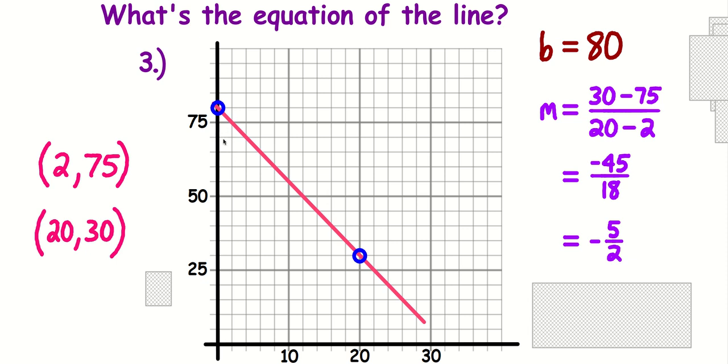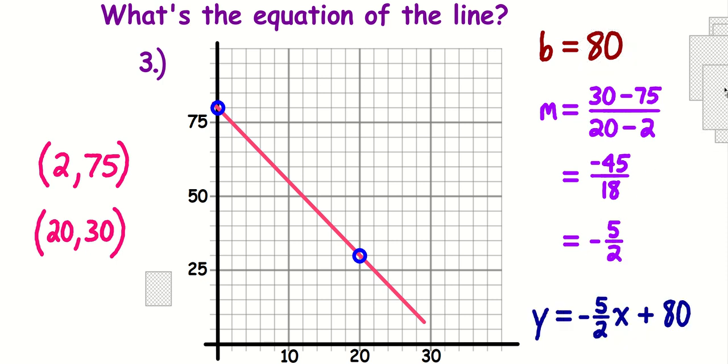It's 5, 10, 15, 20, 25, 30, 35, 40. You just got to make sure you're counting correctly. But the slope ends up being negative 5 over 2. The y-intercept looks like it's 80. So there's your equation. You can go ahead and just plug those into y equals mx plus b. So that does it for the warm-up.